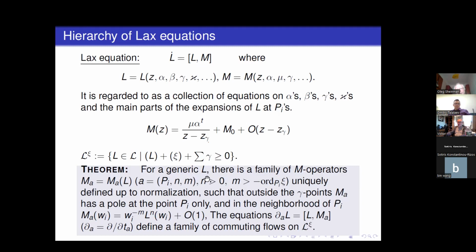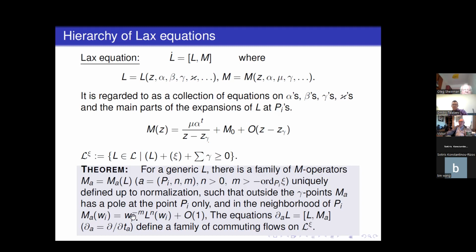For a generic L, there is a family of M operators labeled by letter A, where A denotes a triple consisting of one of the zeros p_i of our fixed holomorphic differential psi and two integers, where n is positive and m is not less than the negative of the order of zero of the differential psi.